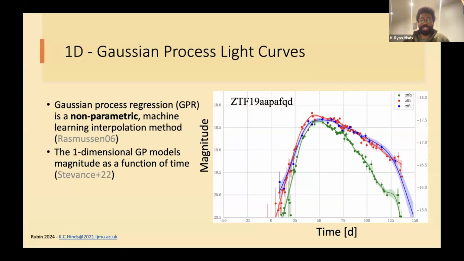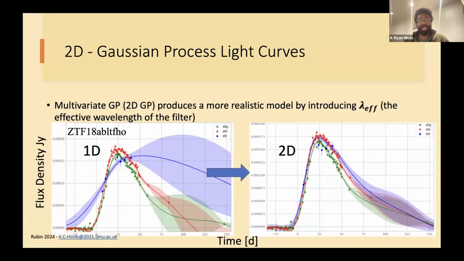So what I've been doing is using Gaussian process regression to model these light curves, interpolate them, and try to extract as much information as I can. So I started with a 1D Gaussian process, which approximates magnitude or flux as a function of time. And I've moved on to using the 2D Gaussian process, so I incorporate the effective wavelength. And so I'm able to use all the photometry as one single Gaussian process.